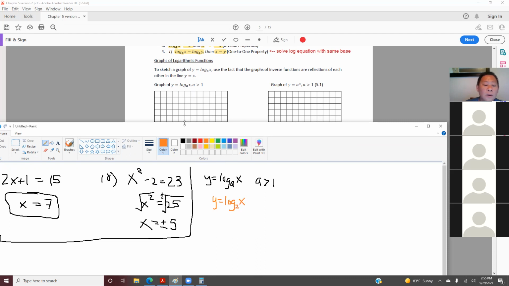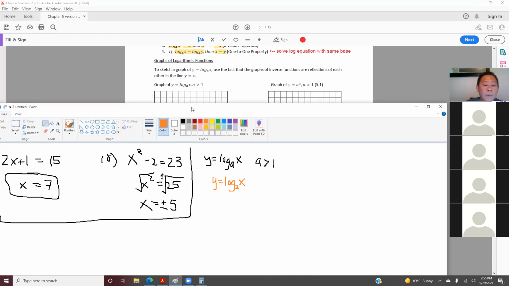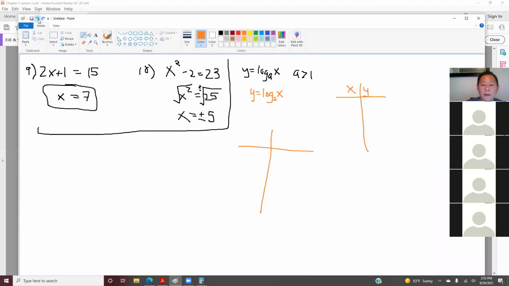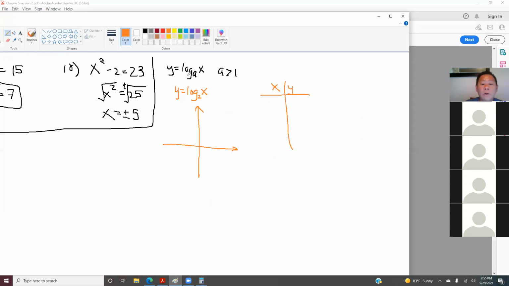Okay. So how we do this is, again, we need the table, and we need x and y. Oh, sorry, we need the graph. We've got a table here. We need the graph. Okay, so we know that you cannot put a negative number in x.